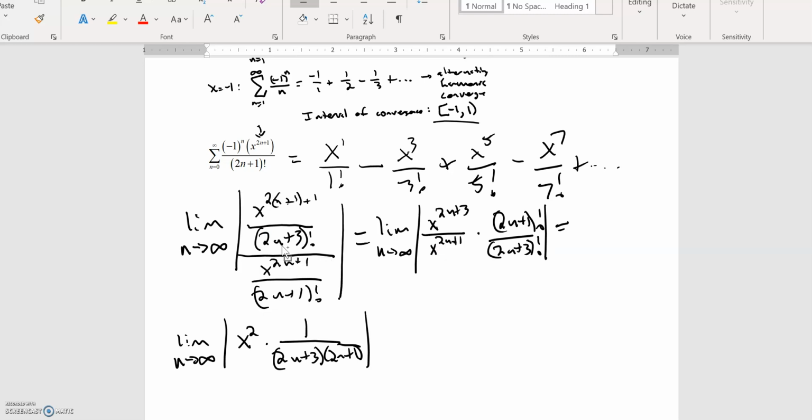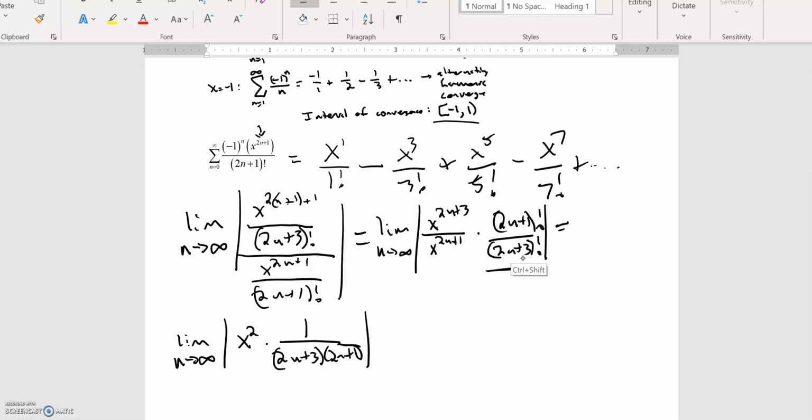This little n becomes an n plus 1, and so you'd end up with 2n plus 3 factorial once you simplify. Then the a_n on the bottom, a little flippy trick action, and then there'd be a lot of canceling. That's why we went over factorial canceling at the beginning of this chapter.